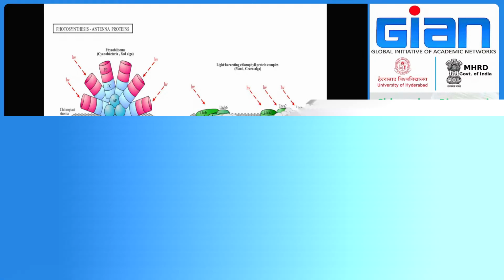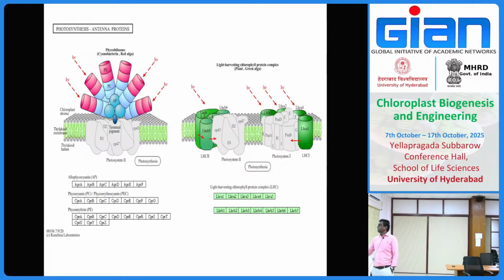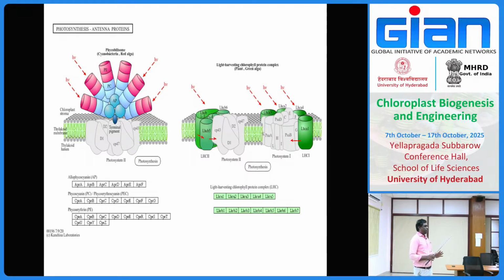This is the cyanobacterial thylakoid schematic representation, and this is the schematic representation of higher plants and algae photosynthetic complexes. Since we are talking about light harvesting complexes, we'll discuss how they are arranged.